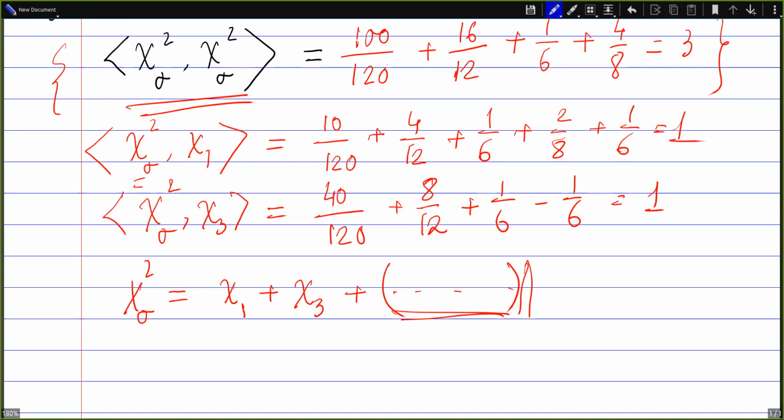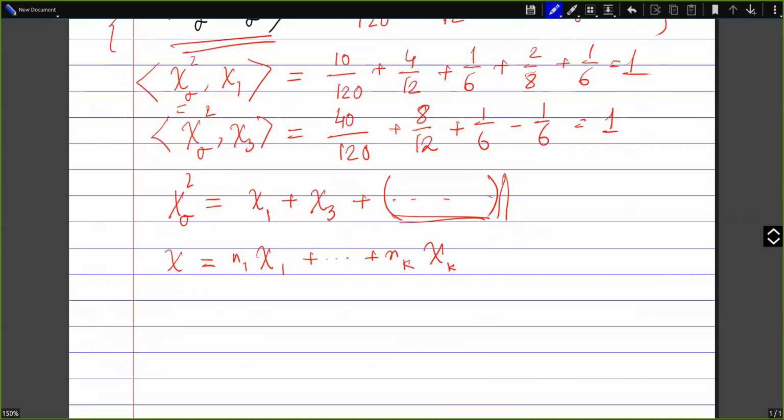So recall that for any finite group G, suppose any character chi is the direct sum of chi1 up to chi k with multiplicities n1 up to nk, where chi1 up to chi k are distinct irreducible characters of G. Then the inner product of chi with itself is nothing but the summation of ni square, the sum of the squares of the multiplicities.